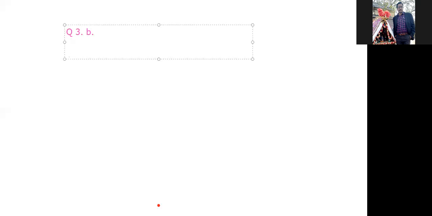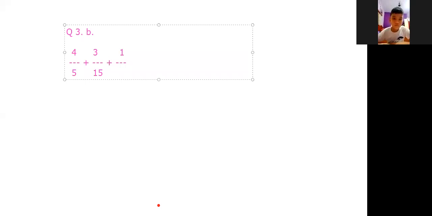So we look at this: 4 by 5, and then we have to go for addition, plus 3 by 15, and then plus 1 by 2.